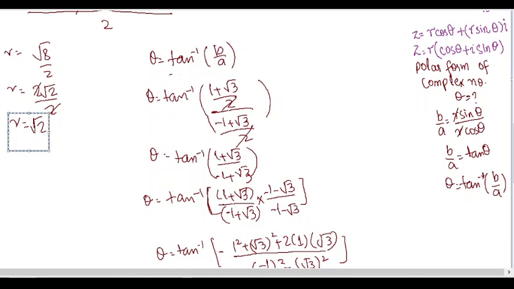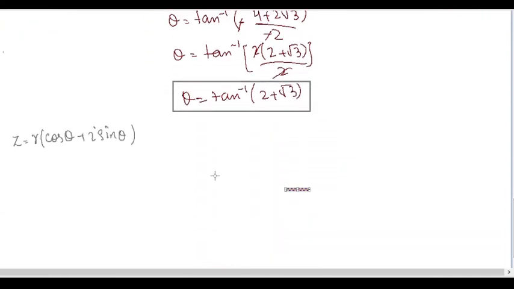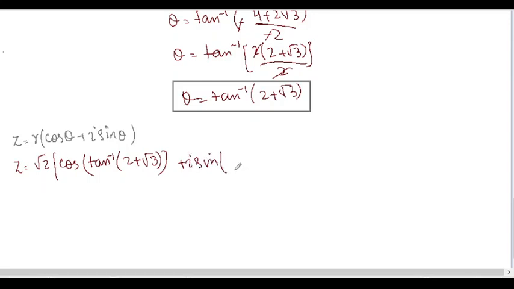So now we get z equals square root of 2 into (cos of tan inverse (2 plus square root of 3) plus iota sin of tan inverse (2 plus square root of 3)), and this is your answer.